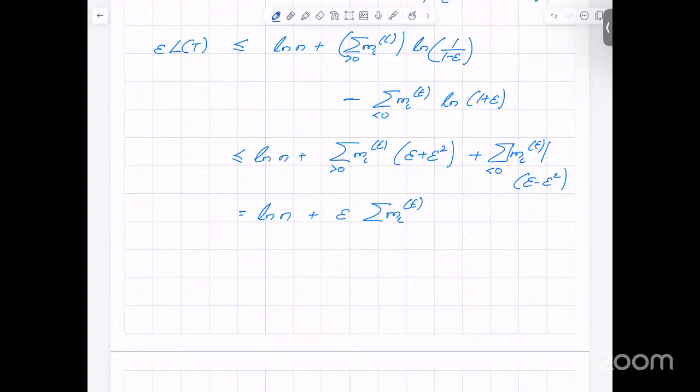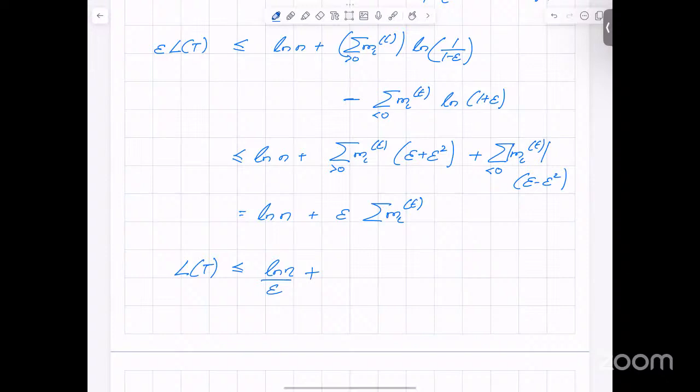That is right. L^T is less than or equal to ln n by epsilon.